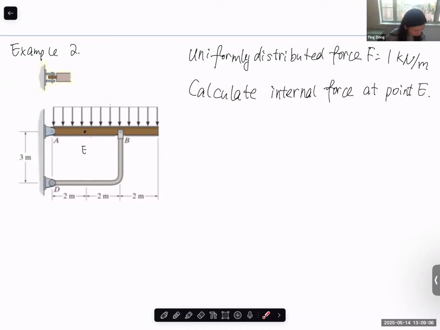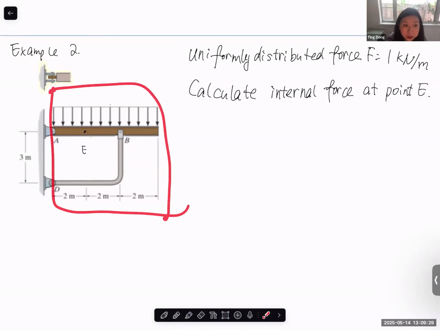So for the reaction force, let's first take the AC. You can do the calculation of the entire structure separate from the A boundary condition and D boundary condition, and do the calculation of this one.